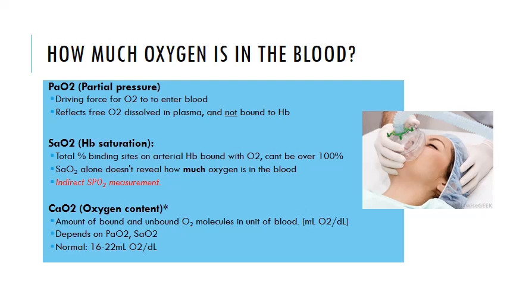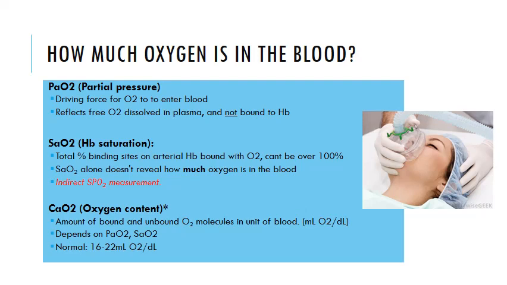And you can see that in order to get both of these, we turn to number 3, otherwise called the oxygen content. The oxygen content is measured in milliliters of oxygen per deciliter, and it's the amount of bound and unbound oxygen molecules per unit of blood. The CaO2 is the only value that incorporates the hemoglobin content.